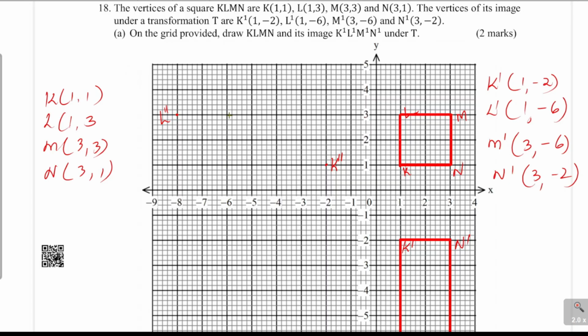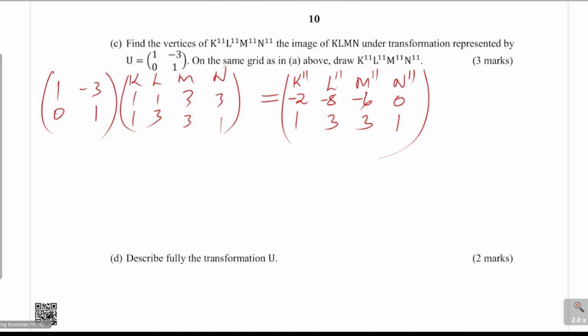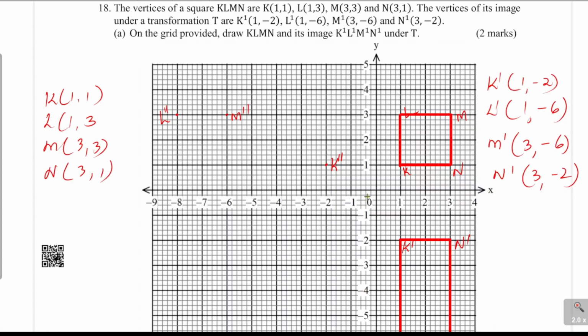That is M double prime. And then N is 0 1. 0 1 is here. N double prime.